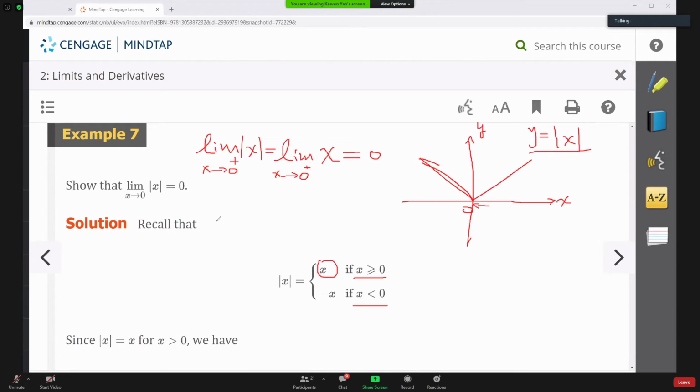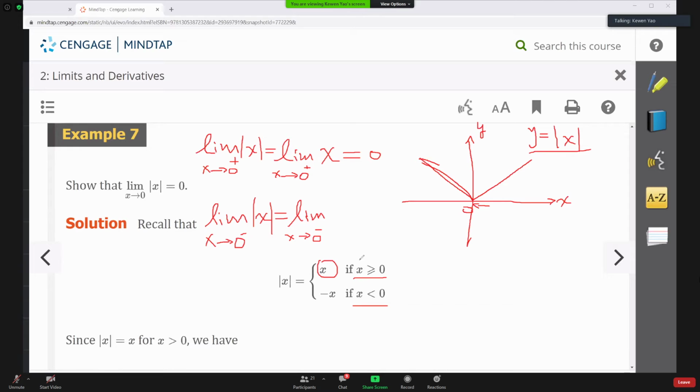How about the left limit? You have to know how to write it down: the limit as x goes to 0 from the left, 0 minus means from the left, of absolute value x. In this case, equal to the limit as x approaches 0 from the left side.